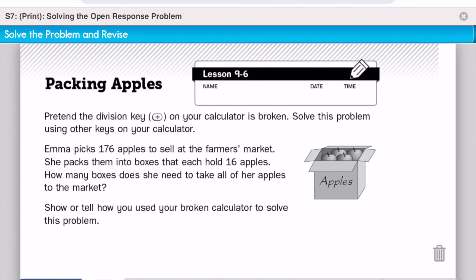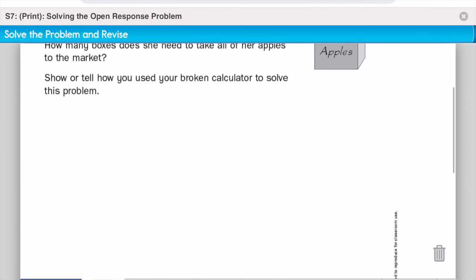So, if we could use the division key, we could just say 176 divided by 16, but we cannot because there is no division key. So, on this sheet, I'd like you to write words or number sentences or pictures to show on your calculator how you could solve this problem.